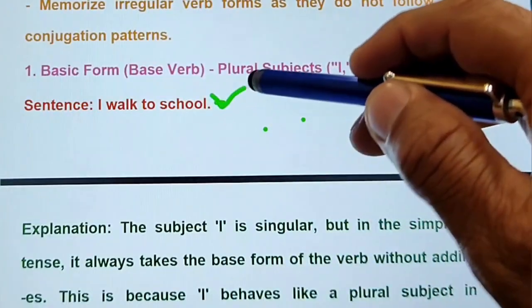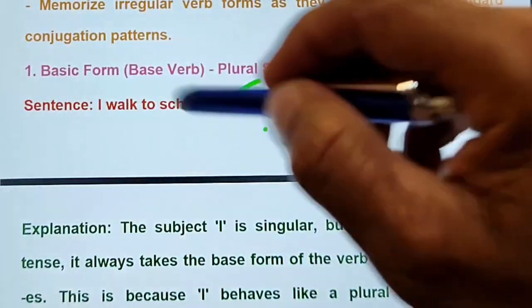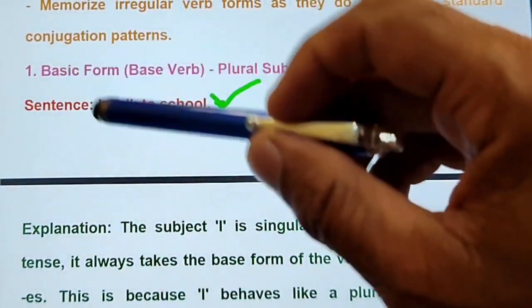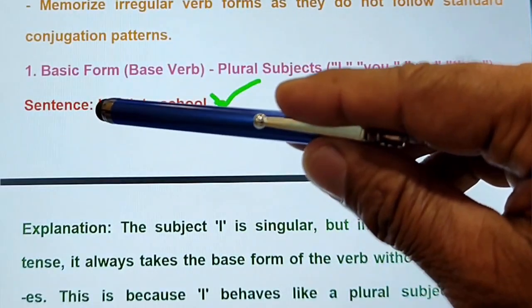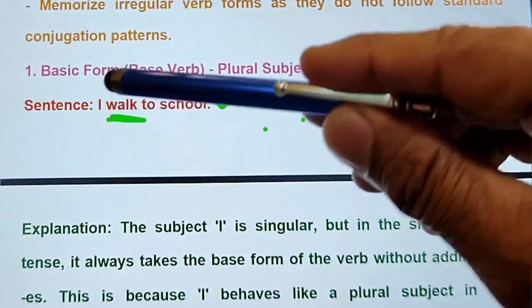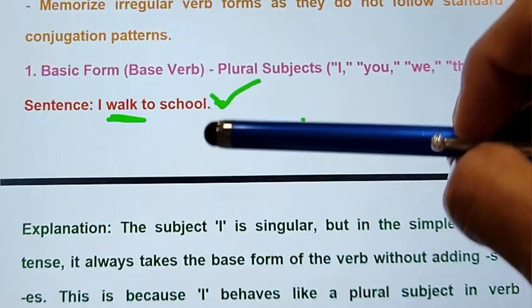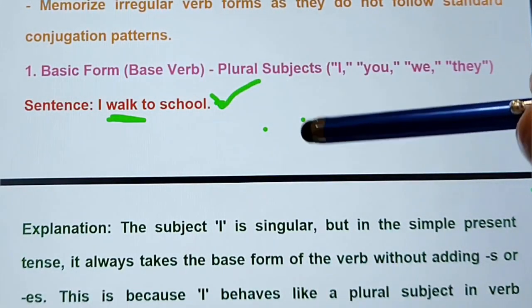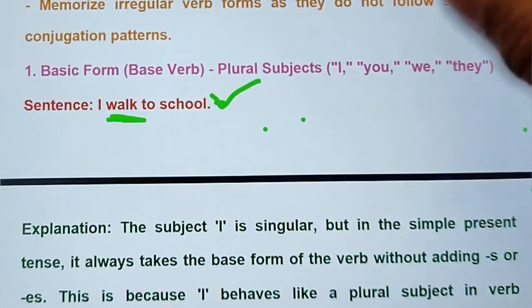Let's see further explanation about this sentence. I walk to the school. Here I looks like a singular subject, but in this sentence it behaves like a plural subject in verb conjugation.